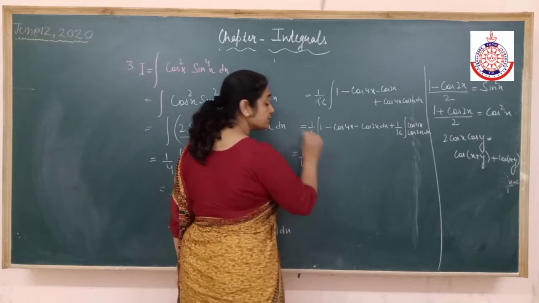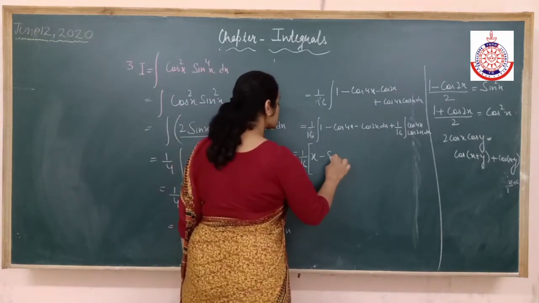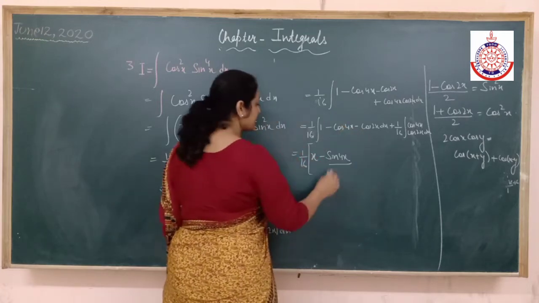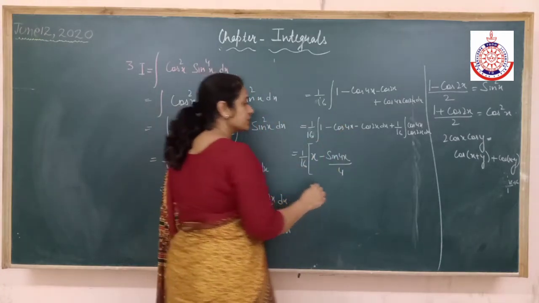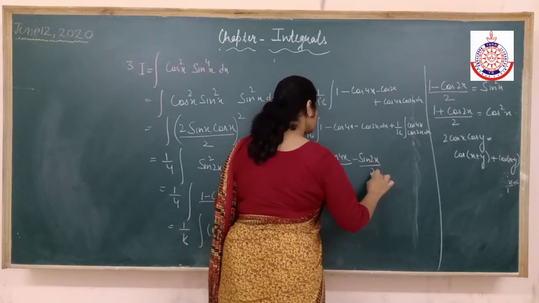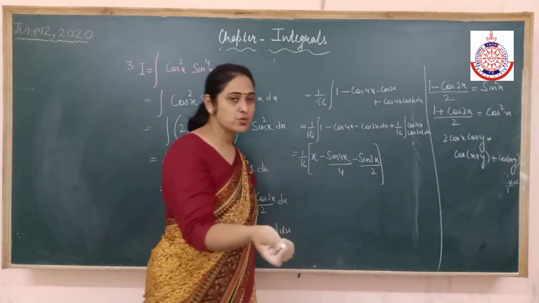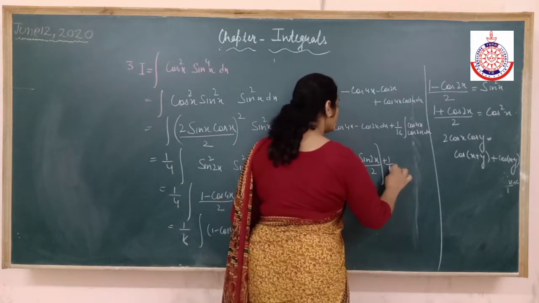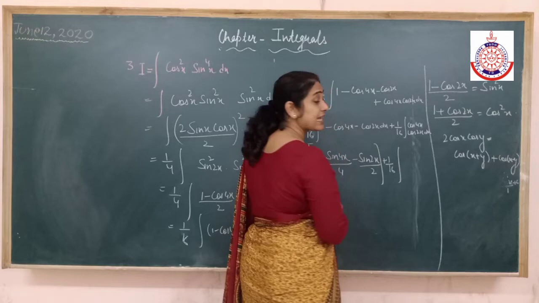Integration of 1 is x, integration of cos is sine. But I told you, if there is a coefficient of x, that comes in the denominator. This integration plus c we will write together because constant plus constant is constant. Here I am going to apply the formula, but I need 2 for that.